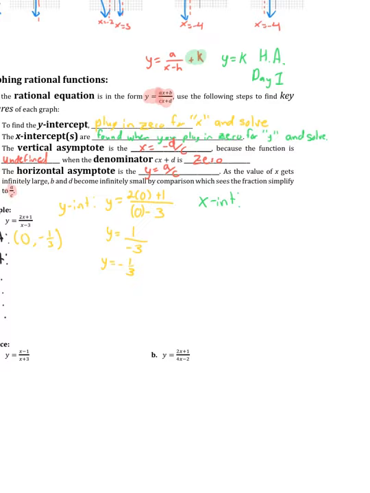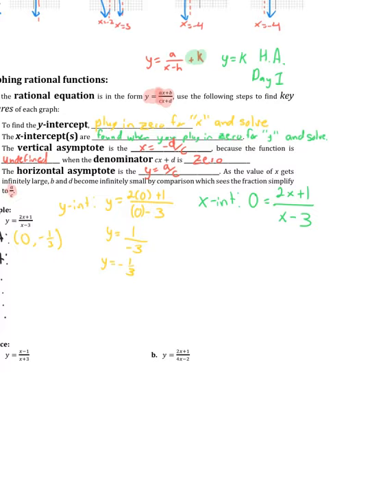All right, just like yesterday, to find the x-intercept, now I'm going to plug in 0 for y. And I'm going to end up with 0 equals 2x plus 1 over x minus 3. And now I have to solve specifically for x.